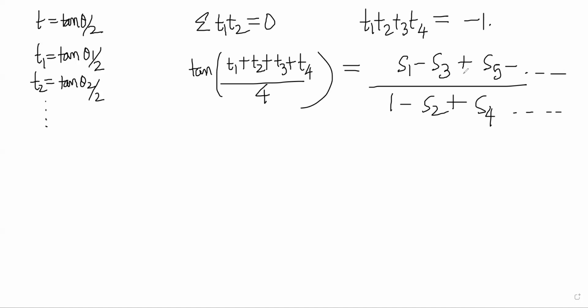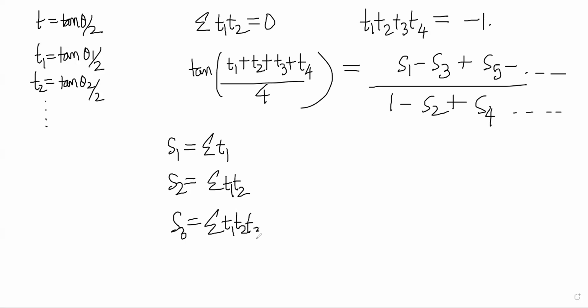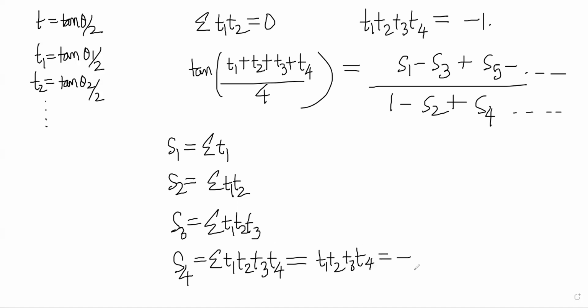Here S1 and S2 and S3 represent sums of the terms taken one at a time, two at a time, three at a time, and so on. So here S1 stands for sum of all the T1s. S2 stands for sum of T1 T2. S3 stands for sum of all terms like this. S4 is sum of all the terms like this, 4 at a time, but there is only one term like that, T1 T2 T3 T4, and that is equal to minus 1.